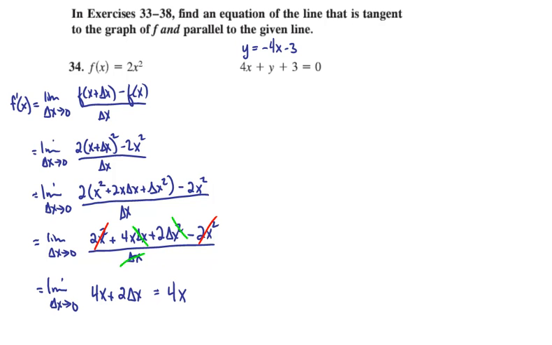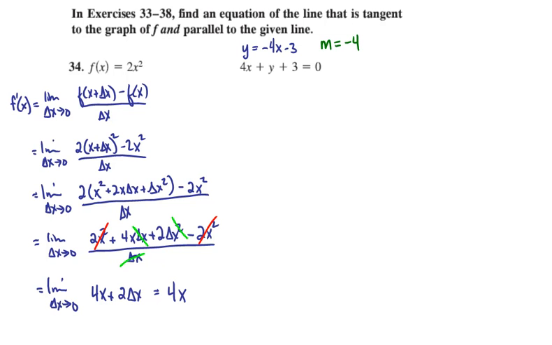Now then, what are we going to do with that? Well, going back, we're looking for a line that's parallel to the line negative 4x minus 3. Well, the line negative 4x minus 3 has a slope of negative 4. So what this is saying is, where on the curve 2x squared is there a point that has a derivative equal to negative 4?